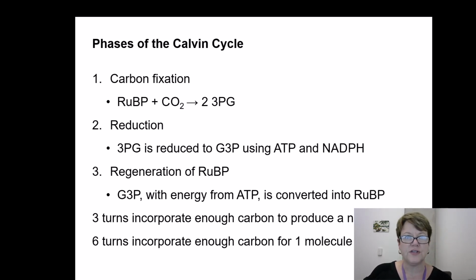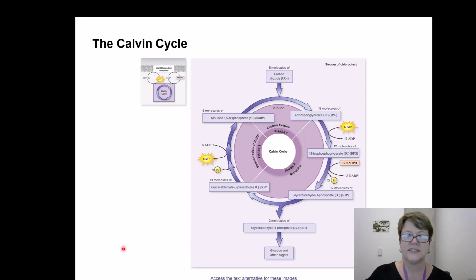But G3P is good enough, a 3-carbon sugar. 6 turns of the cycle will incorporate 6 carbon dioxides and create the equivalent of 1 molecule of glucose. So we typically think of the Calvin cycle in multiples of 3 or 6.